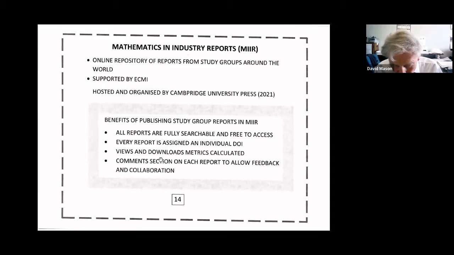Views and download metrics are calculated, so we'll see how many people are viewing the report and how many actually download it. That would be quite interesting. Then they've got a comment section on each report to allow feedback and collaboration. So that should be interesting, people commenting on the report.